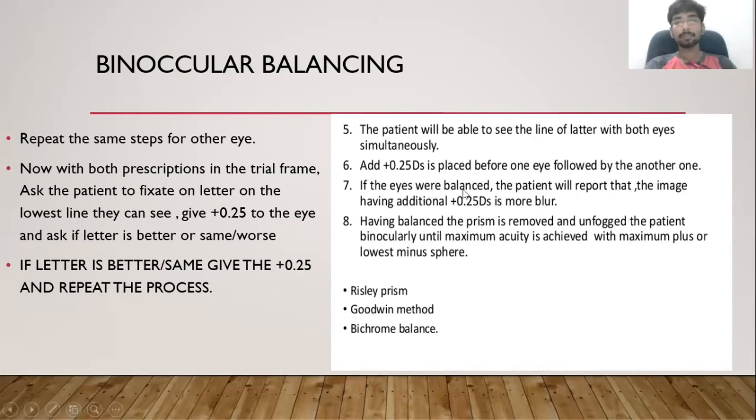If the eyes are balanced, the patient will report that the image with the additional plus 0.25 is more blurred. If the letter is better or same, we have to add plus 0.25 diopter sphere to the spectacles and repeat the process. This is binocular balancing.